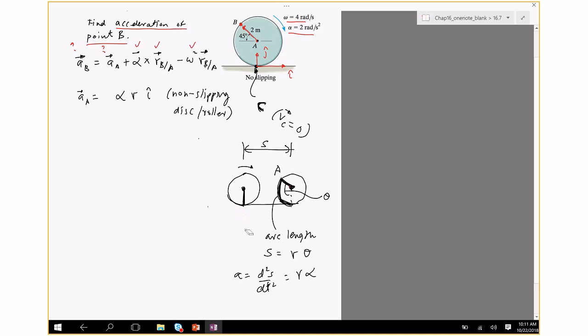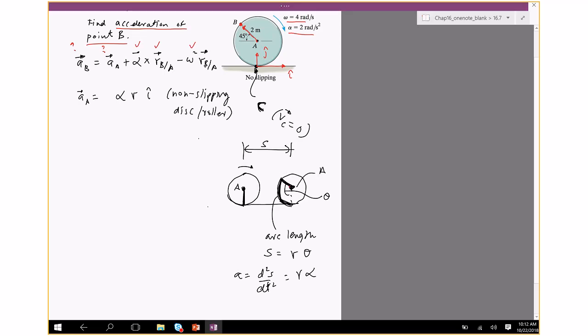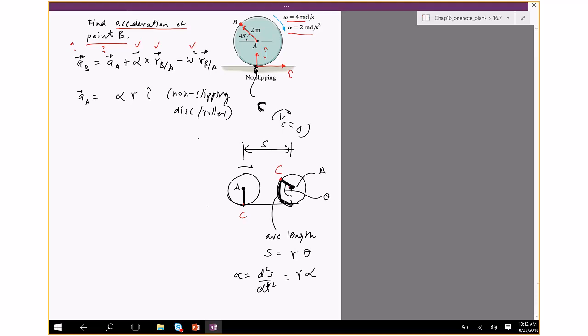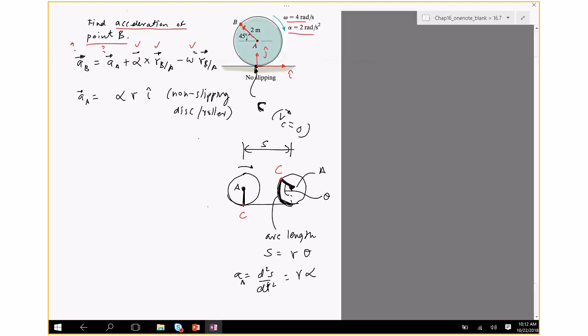I should probably not confuse this, so let me put that center to be A, because that's what is written there, and let me call this point C, just so that it is consistent with the figure there. We'll never ask you to derive this, and I don't think the book actually shows you how to derive this, but that's how you get it.